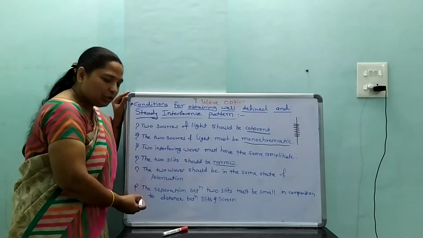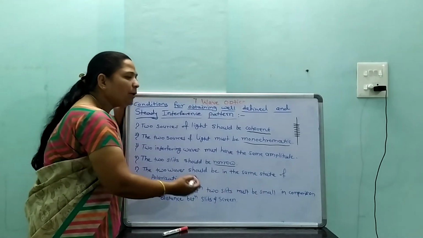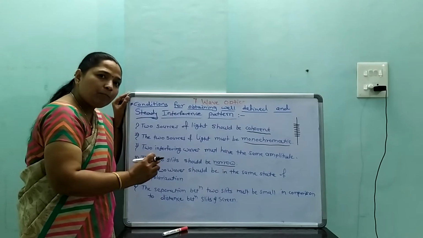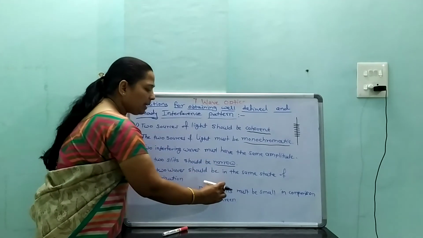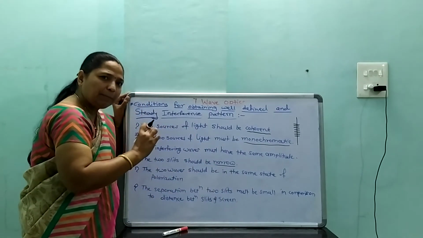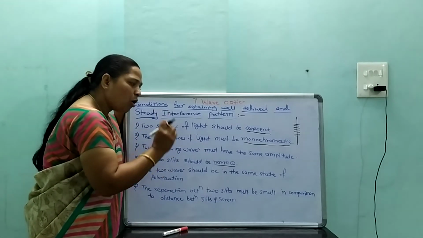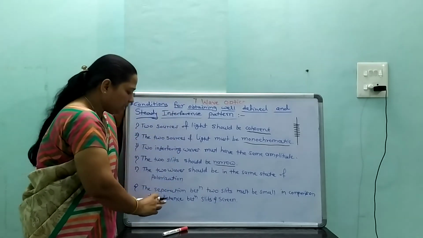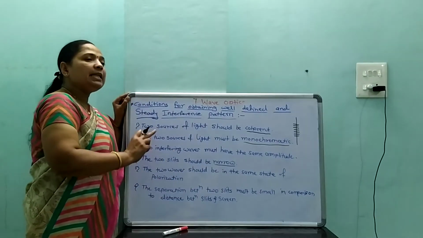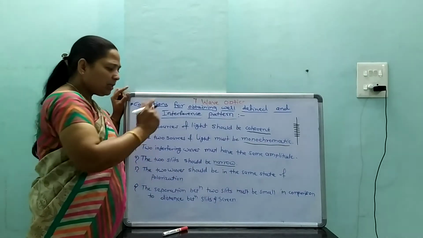And the last condition is the separation between the slits. The two slits are separated by a distance small d, which is small as compared to the distance between the slits and the screen.